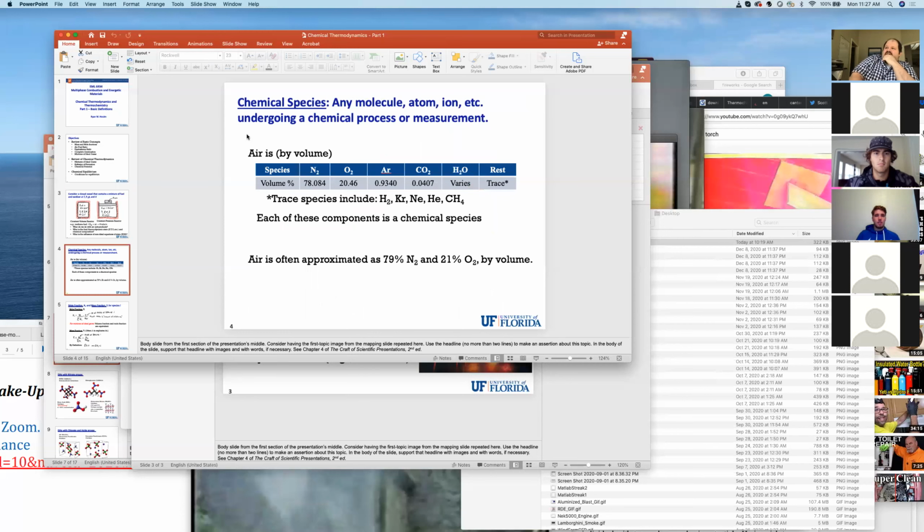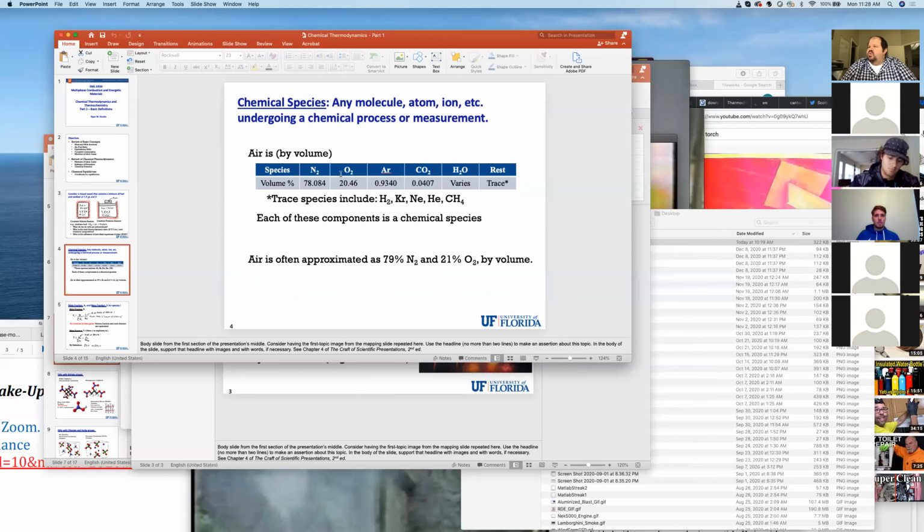We've got to start at the basics to define what a chemical species is. A chemical species is any molecule, atom, ion, etc., that is undergoing a chemical process or measurement. Air by volume is a mixture of different gases, and each one of those gases is a species. Air is about 78% nitrogen by volume and about 20.5% oxygen by volume.